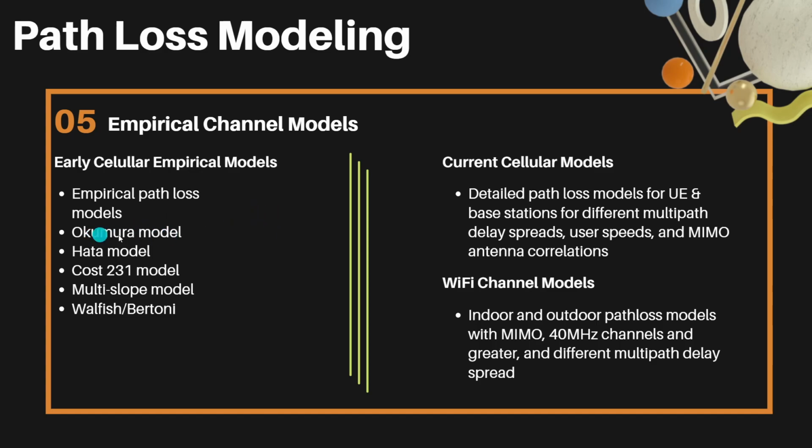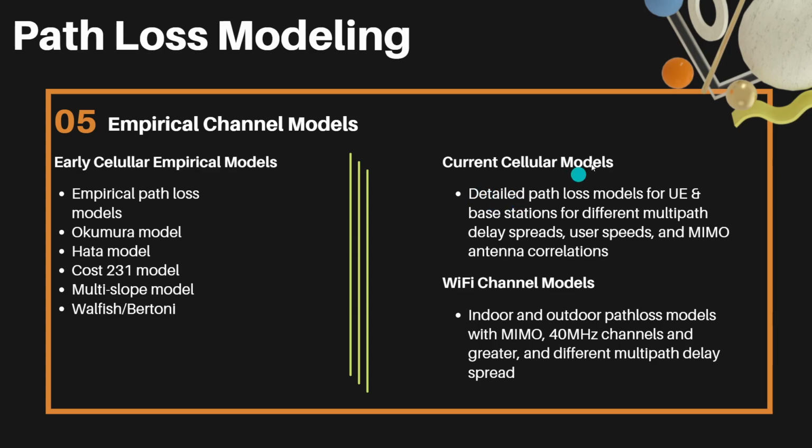For example, the Okumura model was conducted in Tokyo, Japan, where there are, of course, many obstructions such as buildings, and it is also dependent on the geographical location of the model. So it is not feasible to use this model in other places, such as maybe in Indonesia.